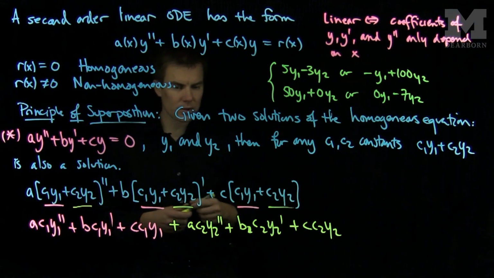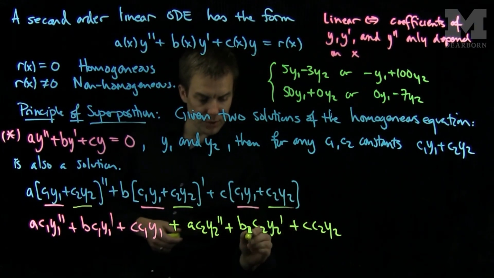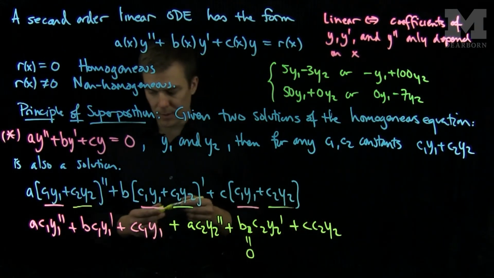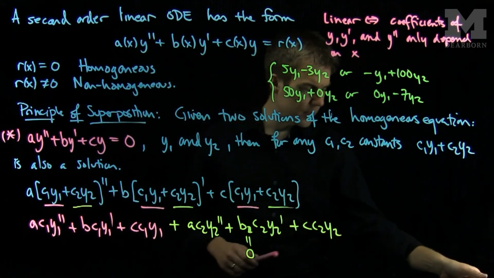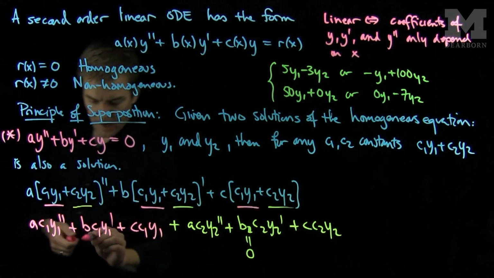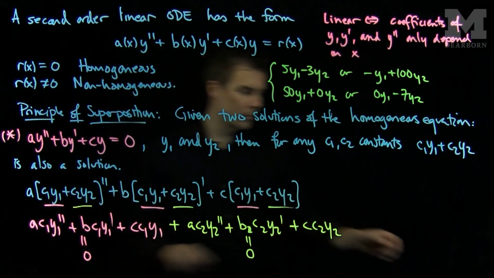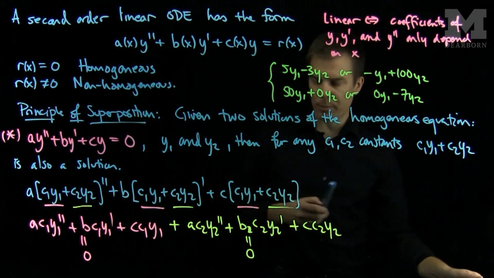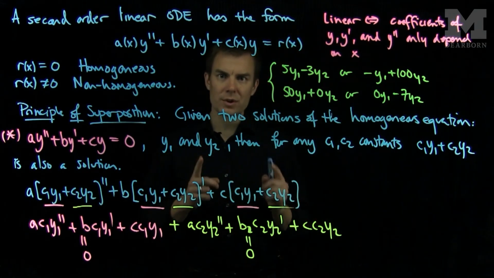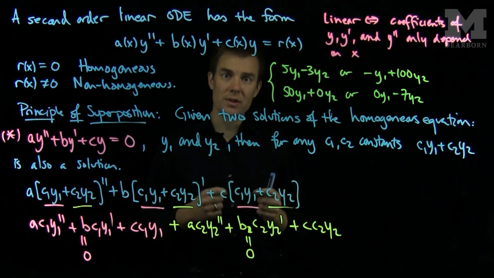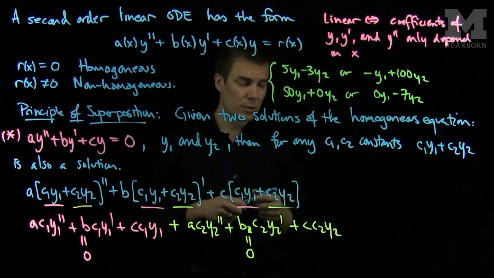And all of those yellow terms will add up to 0 because y2 is a solution. I can pull out a c2 from all of them. And the pink terms are 0 because y1 is a solution. So that gives us our proof that once I have two solutions, any linear combination of two solutions of the homogeneous problem will also be a solution.